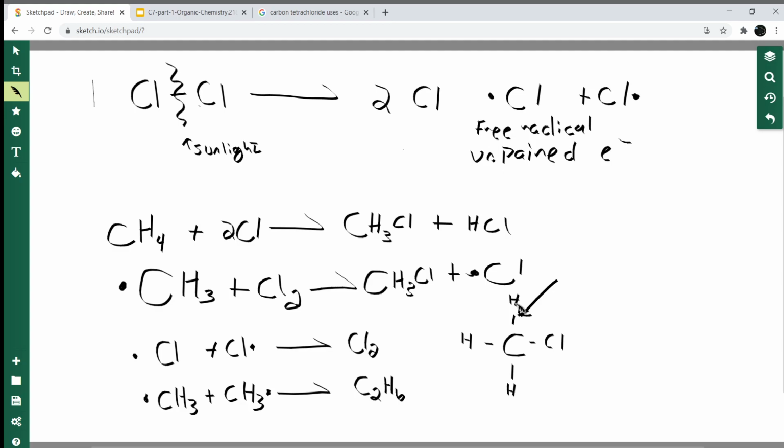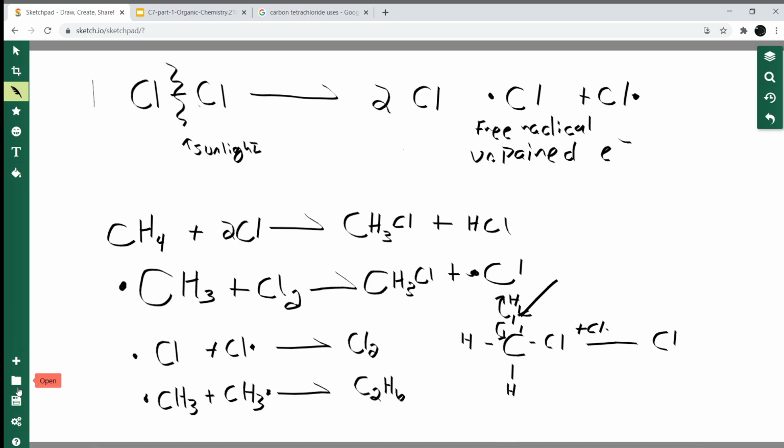When it ends up attacking that bond, it ends up breaking it into homolytic again, where you're going to have one going to the hydrogen, one will end up going to the carbon. And you can continue making more of these, and you can end up making dichloroethane or dichloromethane the exact same way. Okay, so this is just a drawing example here.